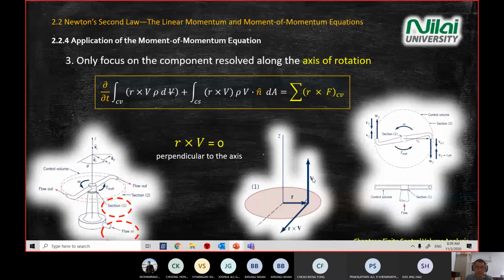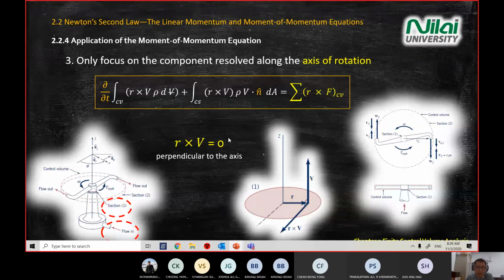Meaning when your velocity is perpendicular to the axis, in this case your axis x, if it is 90 degree to axis x or y, in this case your cross product v cross r, you get in this direction. V going up, going to y direction, for example. So v cross r, the product will go along x-axis. The product of this one equal to 0.